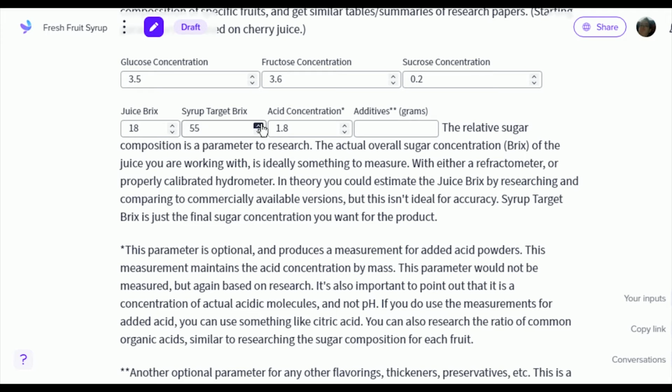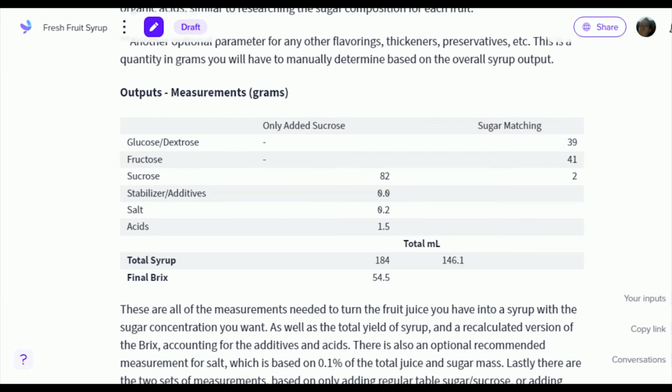Let's say 55. But you can also go down, and then this becomes less of a syrup calculator and more of a juice sweetening calculator. And then that's really it. You have your recipe.